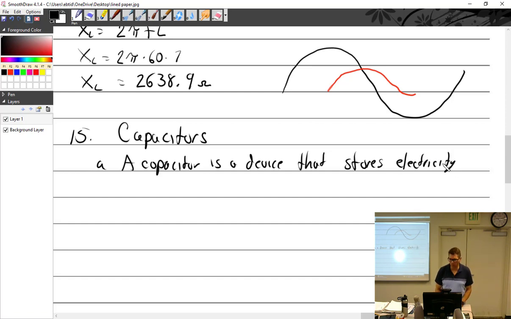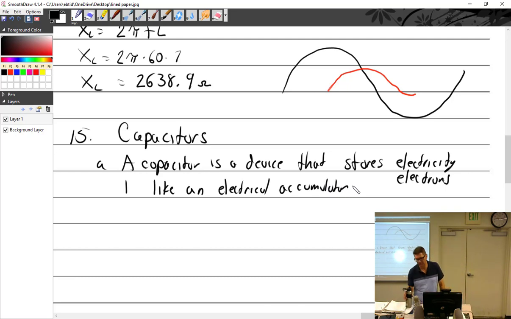Or I guess more appropriately, it stores electrons. I could say it's like an electrical accumulator. Now I have to explain what an accumulator is, so I should have never done that.